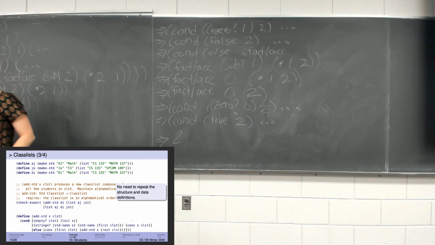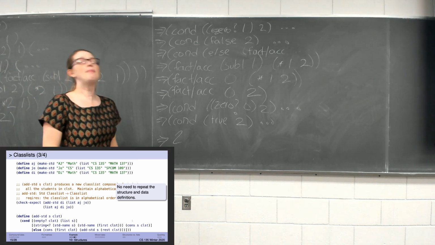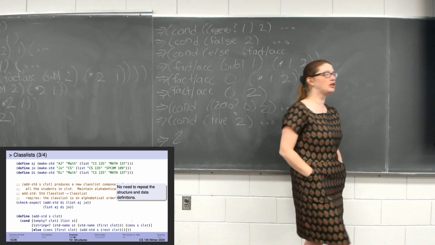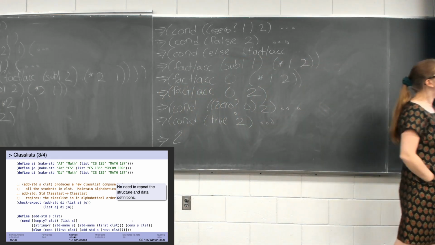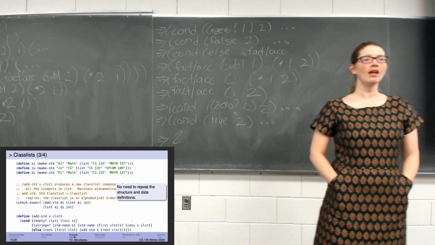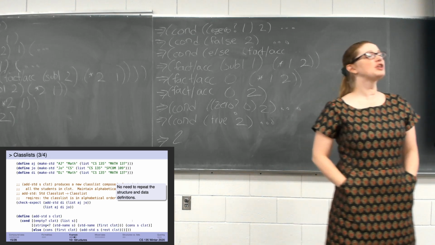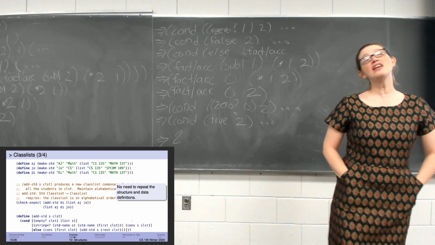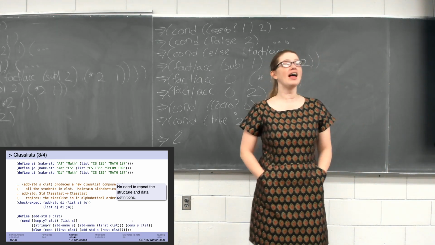Then we have, what if I want to add students and make sure they're being added in alphabetical order, so making sure that the order is preserved? Well, if you look at this function, it's actually just insert from insertion sort. So all I'm going to do is compare the name of the student I'm trying to add to the name of the student at the front of the class list.